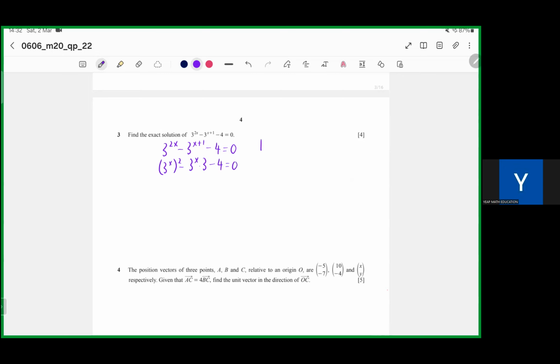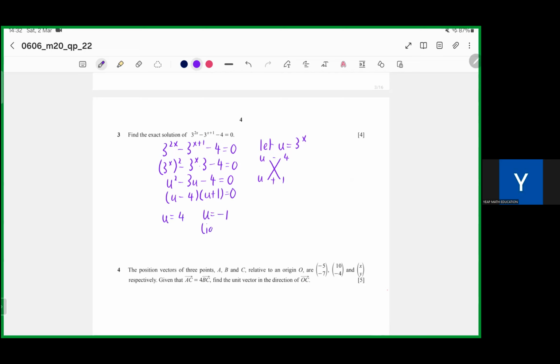Now we can let u equal 3 to the power x. So we get u squared minus 3u minus 4 equals 0. So we factorize: 4 and 1, negative, positive. So we get u minus 4 and u plus 1. So we get u equals 4, u equals negative 1.